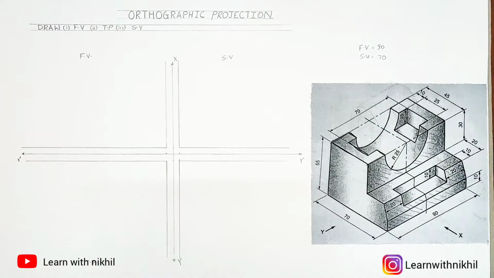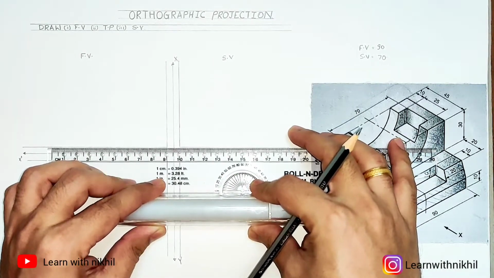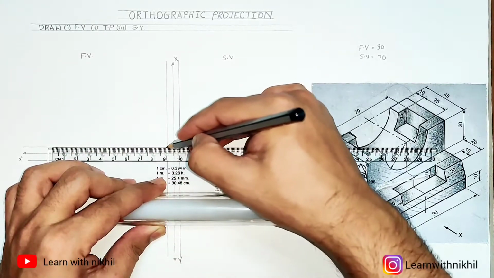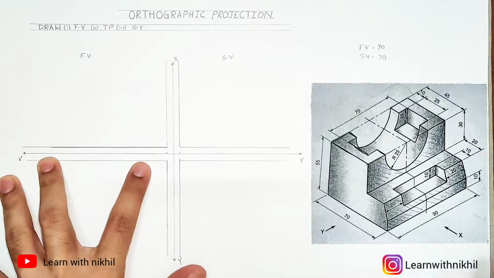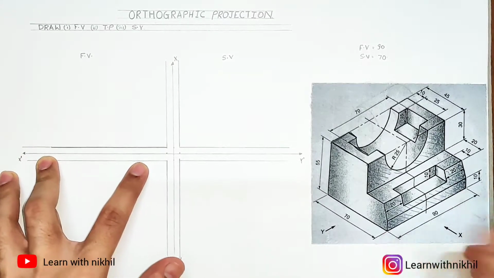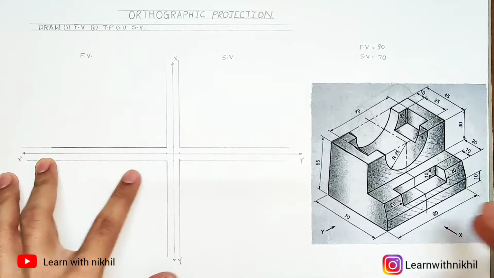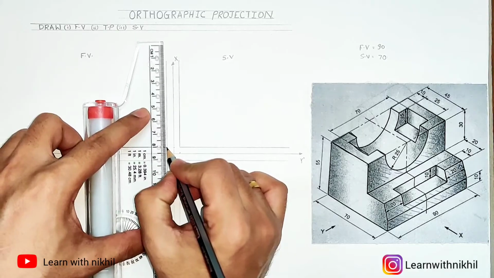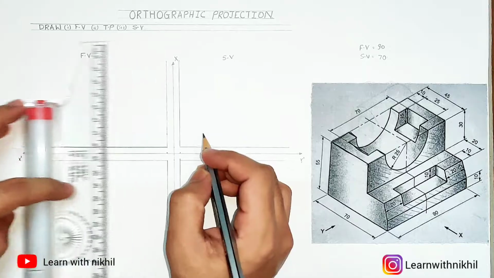Starting with the front view, total width is 90. So we'll mark a dark line of 90 millimeter. This distance is 90. Now above 90 there is a straight line of 10 millimeter from both the ends. So we'll mark 1 centimeter or 10 millimeter.